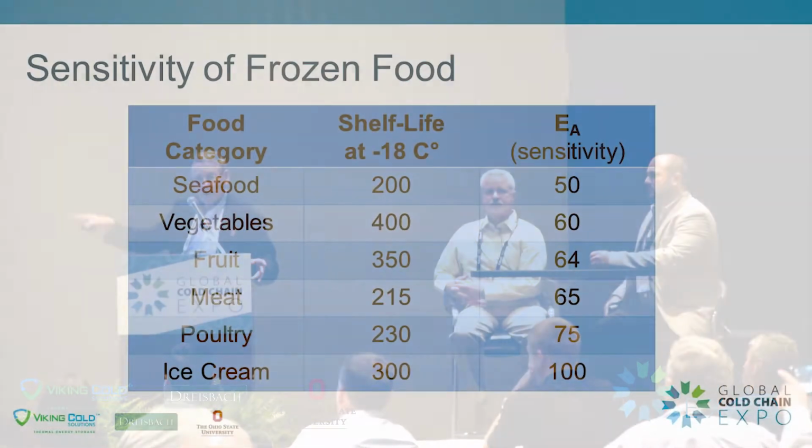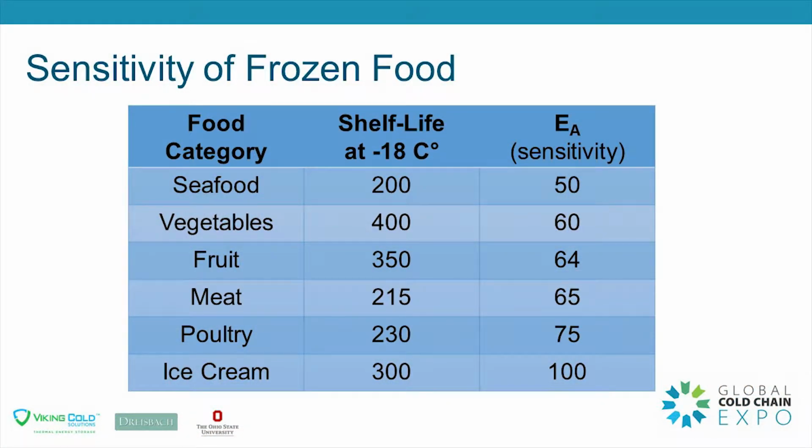The middle column is expected shelf life at 0 degrees Fahrenheit. That's the standard, remember? So, yes, seafoods are shorter generally. Fruits and vegetables are longer. A year, ice cream's not bad.